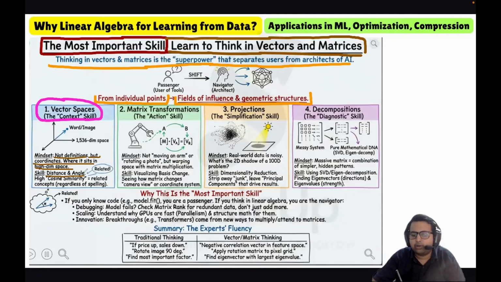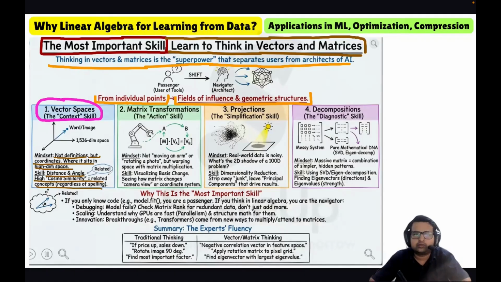An expert knows that if two vectors have a high cosine similarity, then they are pointing in the same direction, regardless of the spelling. The underlying concepts are related, regardless of how they are spelled.